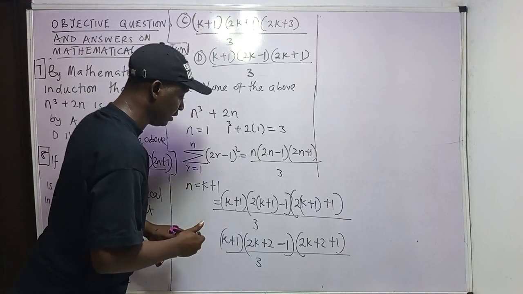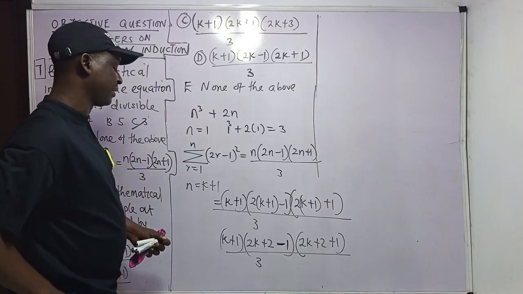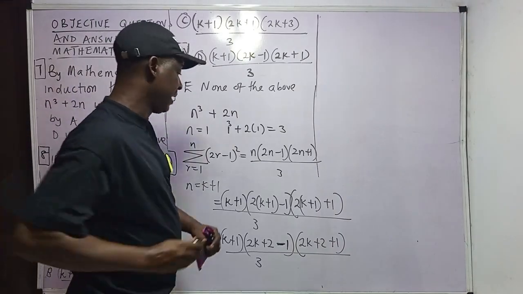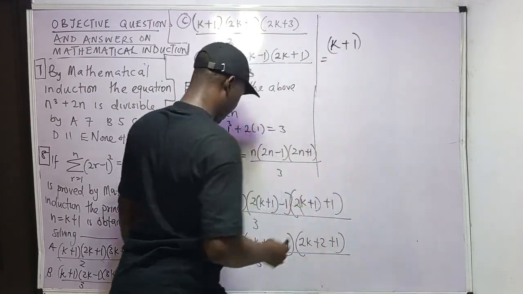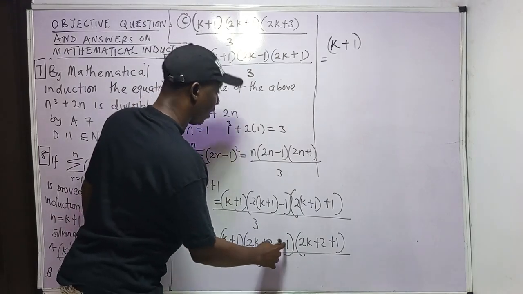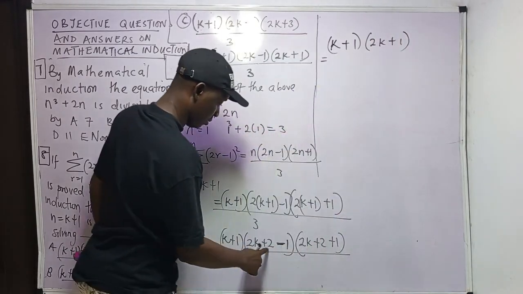What I want to do now is to subtract. If you subtract, k plus 1 will still remain. Then 2k plus 2 minus 1 is 2k plus 1.